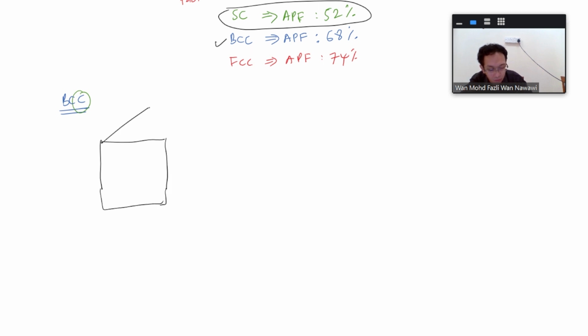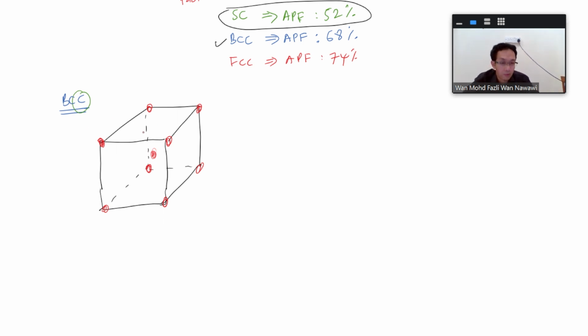For the body center cubic, there will be an atom at each corner. But then in the middle, there is also an atom. So that is basically body center cubic.